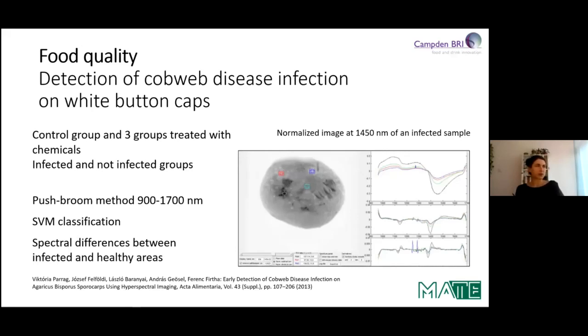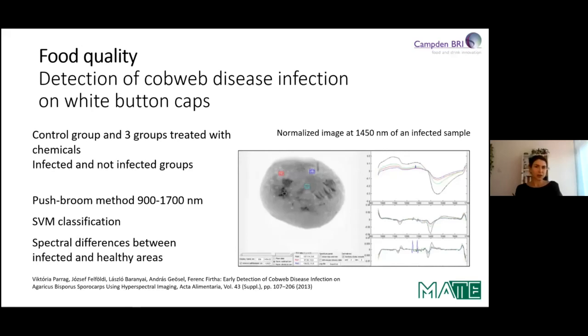White button mushroom caps have been measured also in the range of 900 and 1700 nanometers. On the spectra, Savitzky-Golay smoothing and normalization were carried out as pre-processing, and the groups were classified using the support vector machine method.